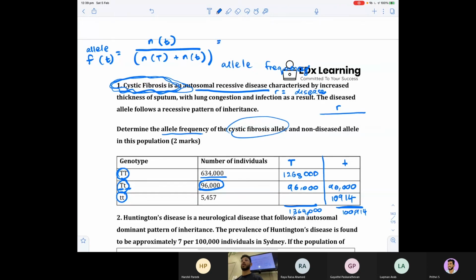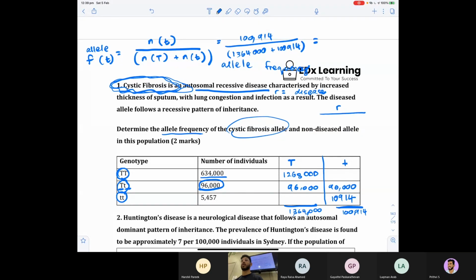Right? So how many times has the little t allele appeared? It's appeared 100,914 times. How many times has any letter, big T or little t, appeared? 1,364,000 plus 100,914.